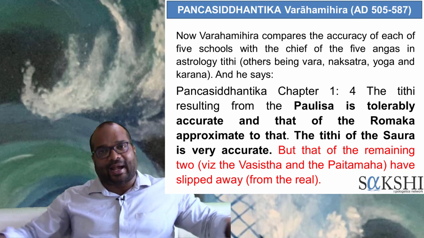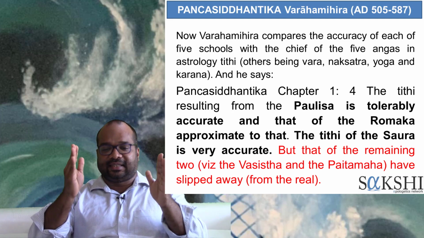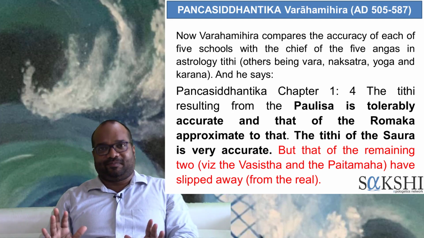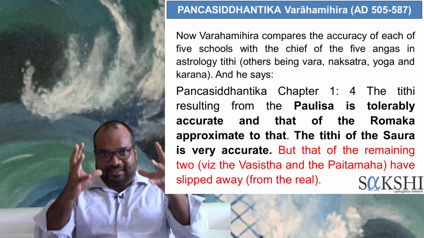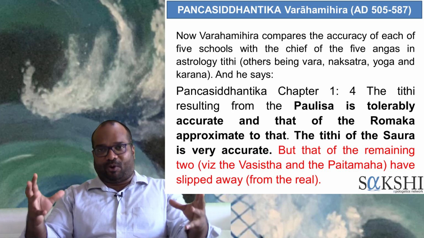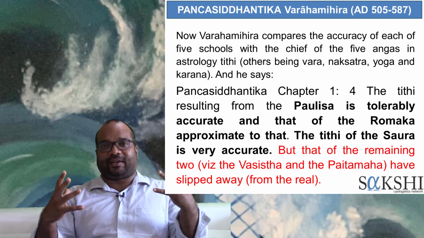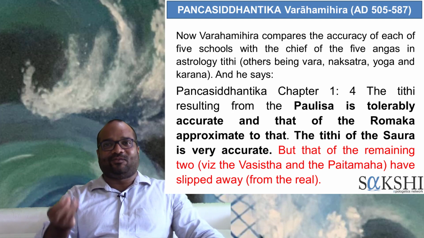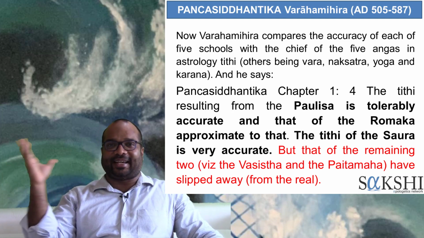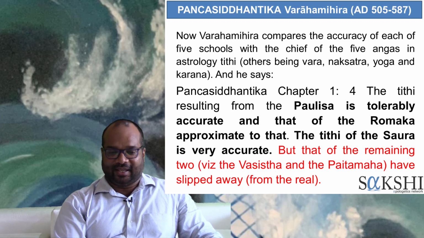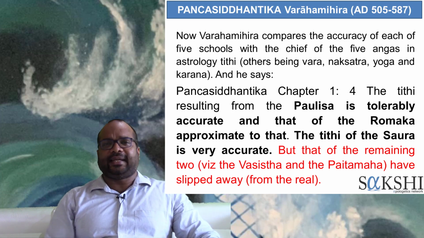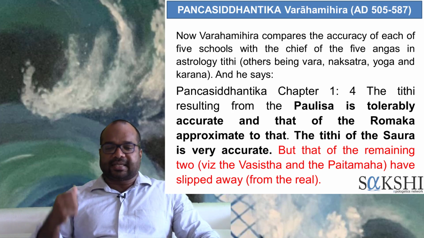They are not at all accurate as far as this anga is concerned. You see, the Asuras' is the best, and the Pauls' and Romans' are tolerably accurate, but the real Indian ones are far away from the reality as per this Indian astrologer. Now let us look at each of these books. Paulisa Siddhantaka.